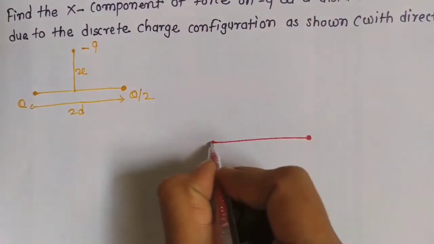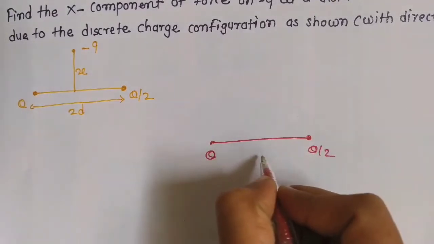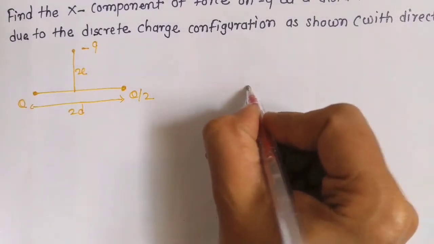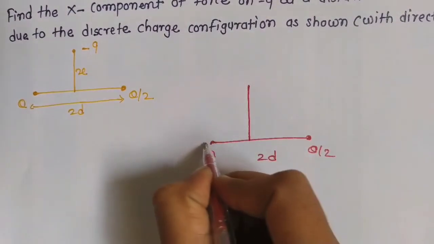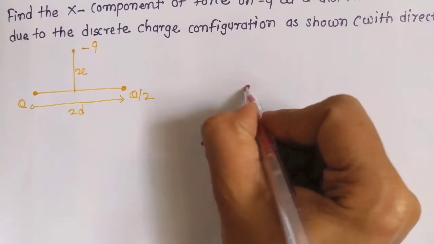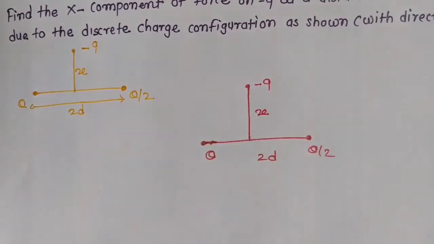This is charge q, this is q/2, this distance is twice d, and the charge minus q is kept here. Minus q, this distance is x.